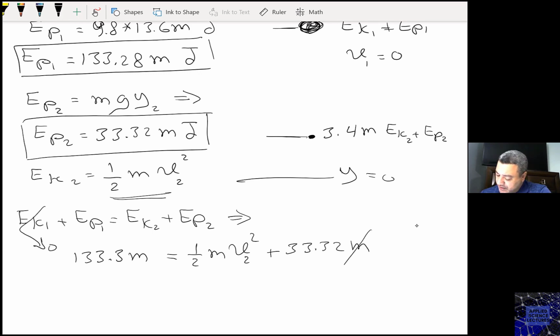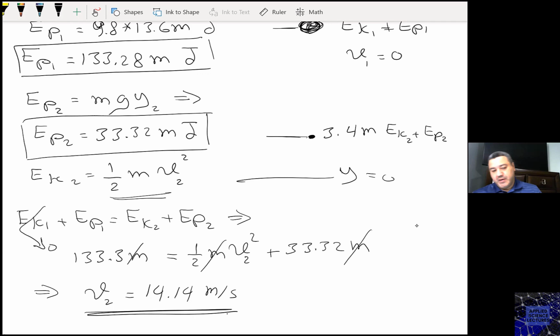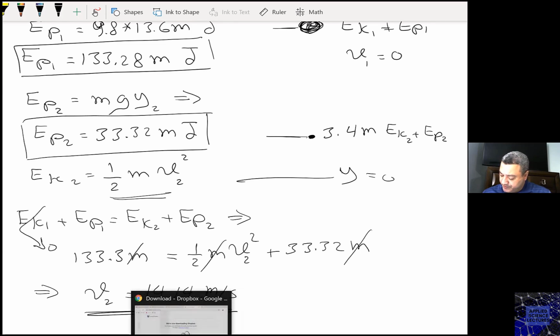Then I can cancel the mass, and V2 after rearranging would be 14.14 meters per second. So this is how we can apply the conservation of energy in order to calculate the velocity right at that point.